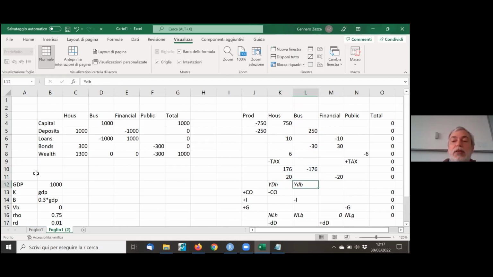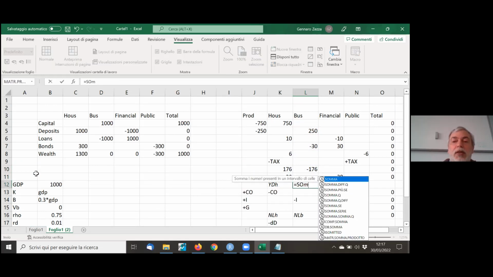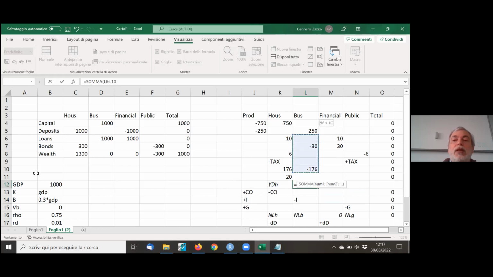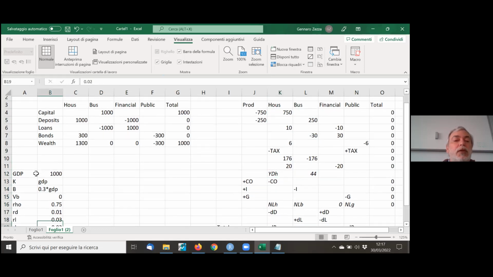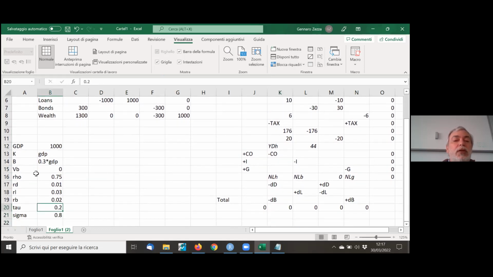So that this disposable income has to be the sum, and this should be a small number. And now the pre-tax disposable income is the sum of all the elements I have in here. So this has not been defined.